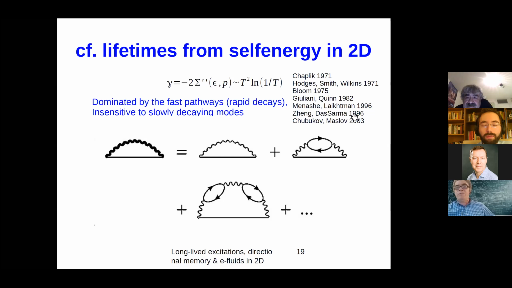Many people went further. Many people, like this paper, for example, tried to link that log enhancement with some kind of angular dynamics on the Fermi surface, and then other people tried. So these are some people who worked on two-dimensional fermions.